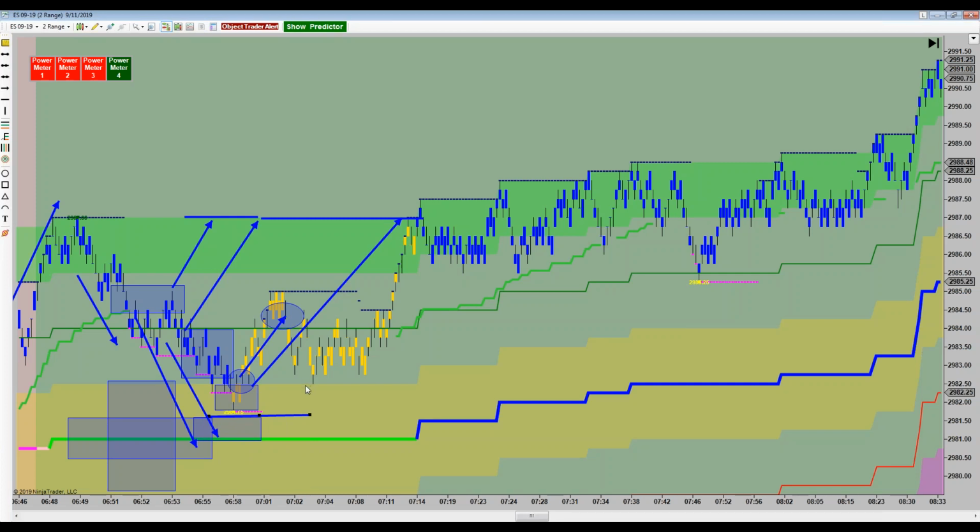So you really want to learn that object trader tool where you simply draw a box, engage the long side, and when it fills your long, boom, boom, boom, targets, stops, everything's all placed for you. Trails engaged. You don't have to worry about anything anymore because it takes care of all that for you. So that's an incredibly valuable tool to use. But you could do it manually too, of course.